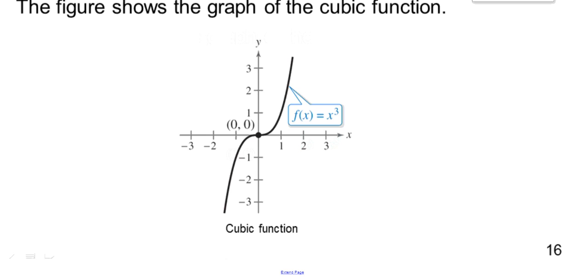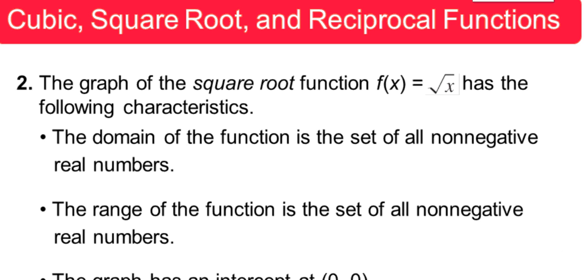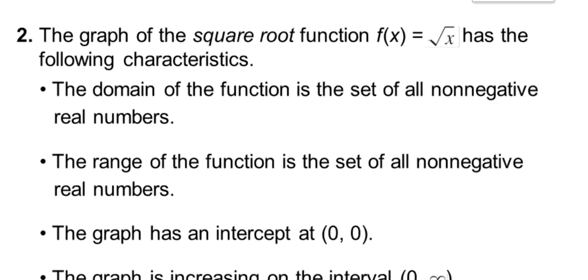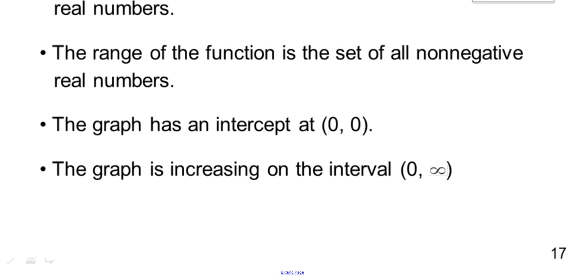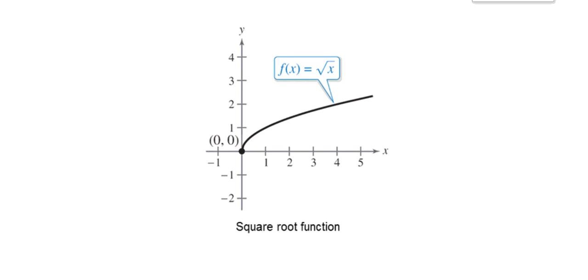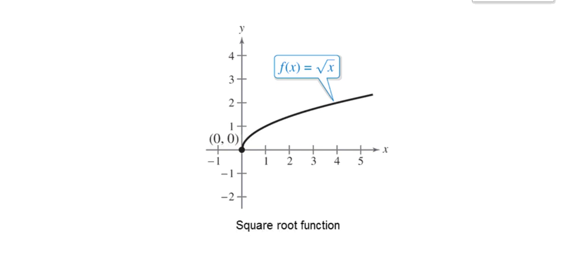And then the next one is the square root function. f of x equals the square root of x. Domain, all non-negative real numbers. Range is the same. Intercept at 0, 0, increasing from 0 to infinity, and there it is.